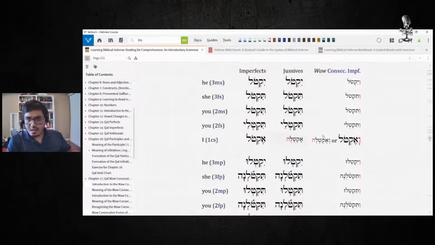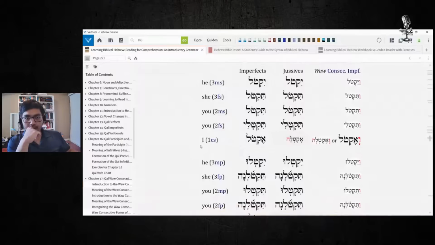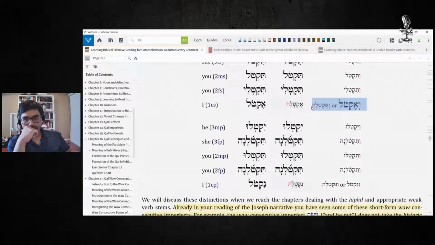Never mind. So notice that in places where the imperfect and the jussive form are different from each other, the verb consecutive tends to be more similar to the jussive form, as you can see here. So that is the case for the first person singular as well as the first person plural.